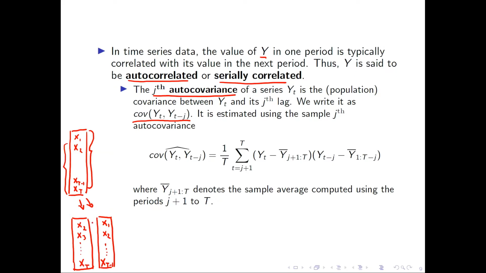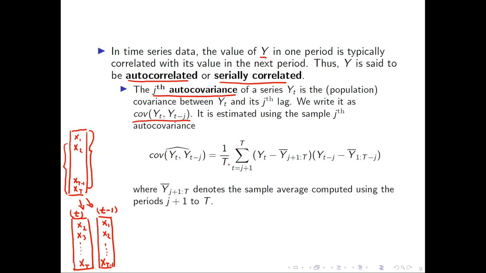So what you have here is data for time t and data for time t minus 1, right? So now you can just run the ordinary covariance function on these two columns in, for example, Excel.